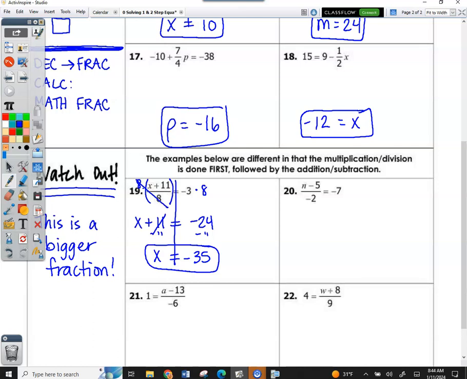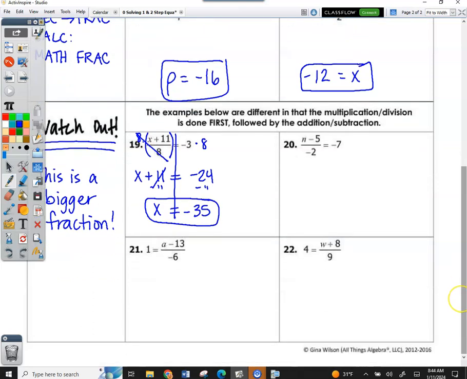I would like you to do 20, 21, and 22. I'm going to show you the answers to make sure you get it right. You're doing exactly what we just talked about.